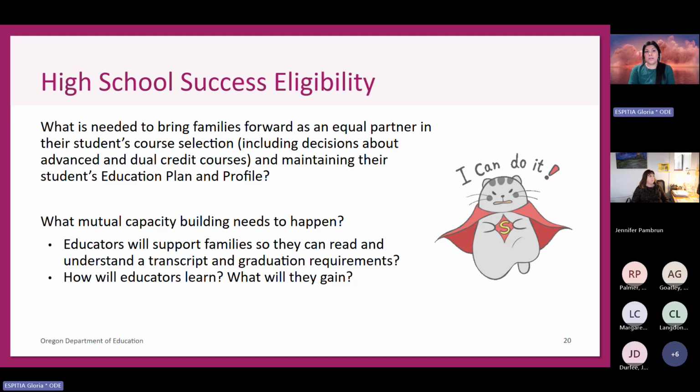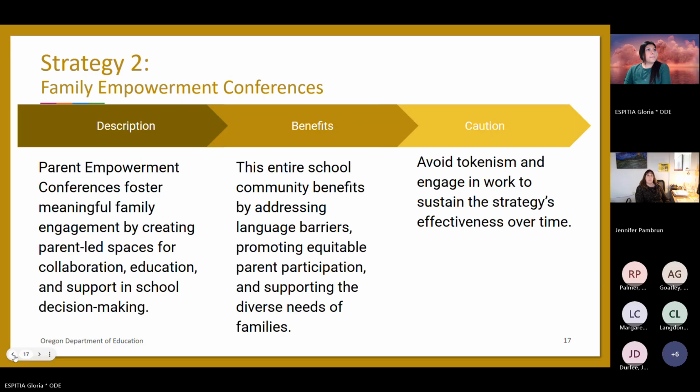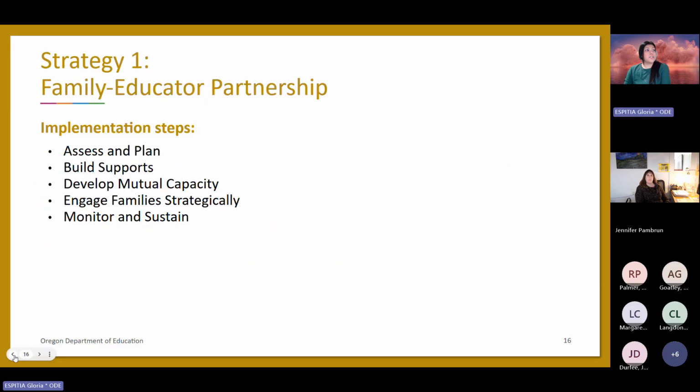And so when we are talking about the implementation of family involvement strategies, the strategies that I shared before, back to it so you could see it. This family-educator partnership really supports what we're trying to achieve with high school success.